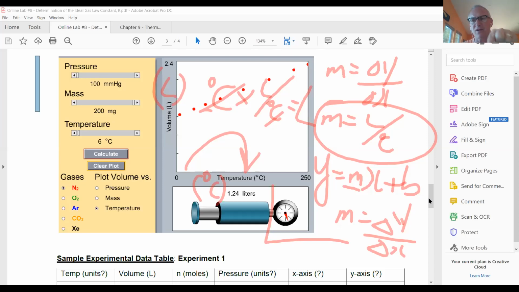But will that slope be the value of R? Will M equal R? No. How come? Why not? You seem pretty positive about it.